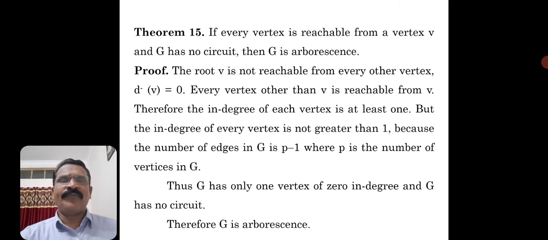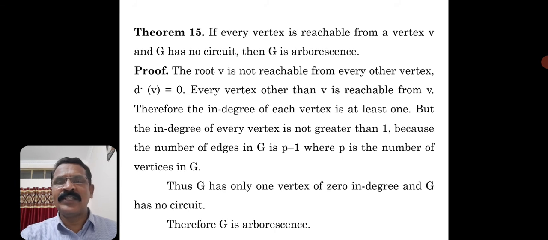Proof. How to prove the result? The root V is not reachable from every other vertex. Why? Because the in degree of the vertex is 0.